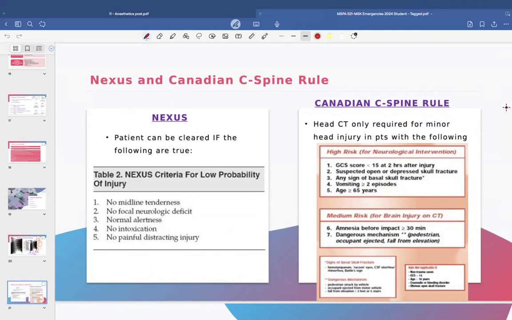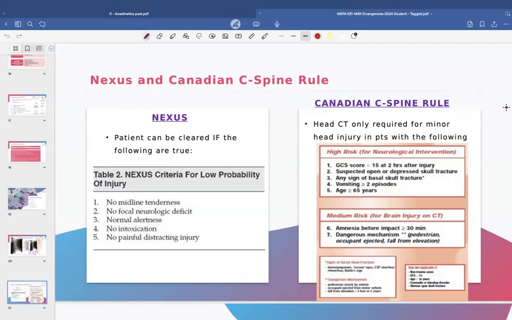In a trauma setting, they're going to go in for a CT, which helps, but you can't see ligamentous injuries as well on CT imaging. So you can palpate down the length of the spine, checking for any midline tenderness. You want to make sure they don't have any focal deficits.